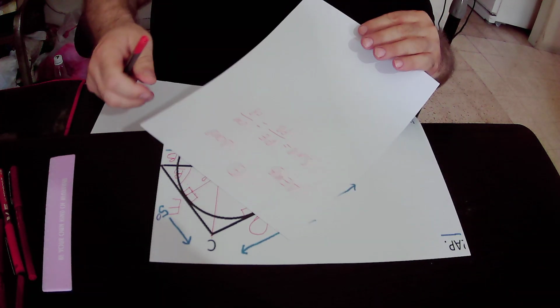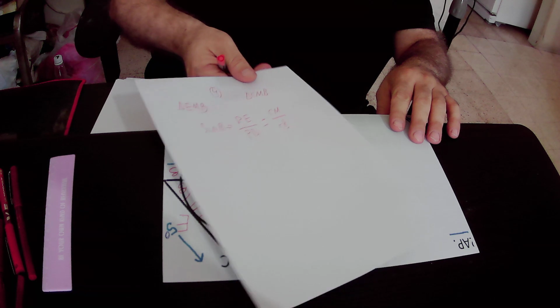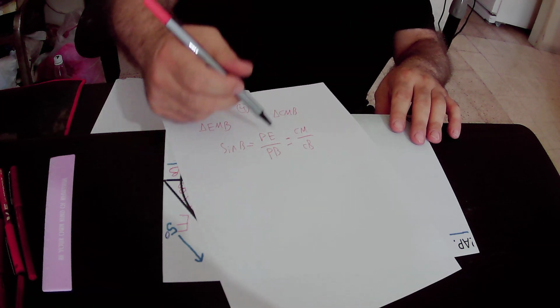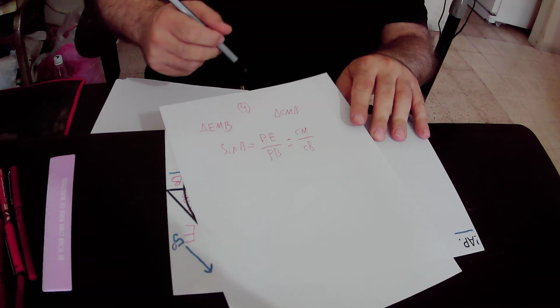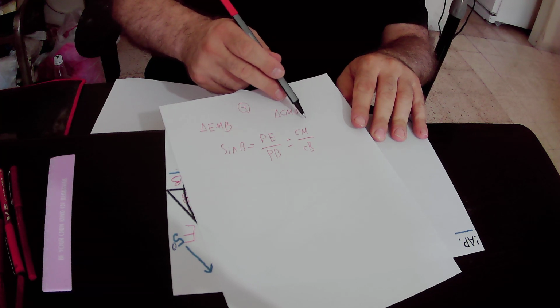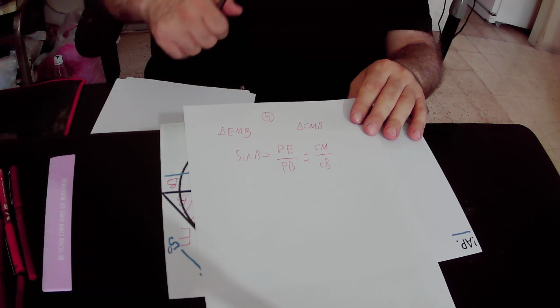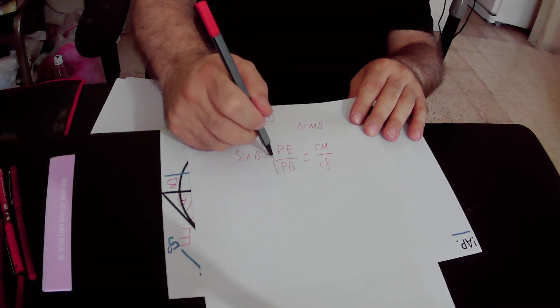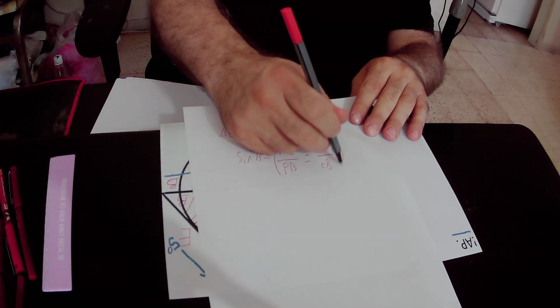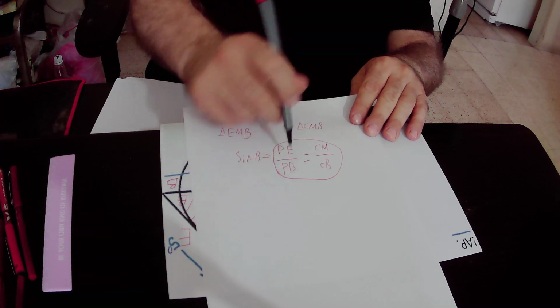Okay, so in total we got that sinus beta equals to PE over PB, that equals to CM over CB. Okay, so now we will copy this equality and we will create the second equation.